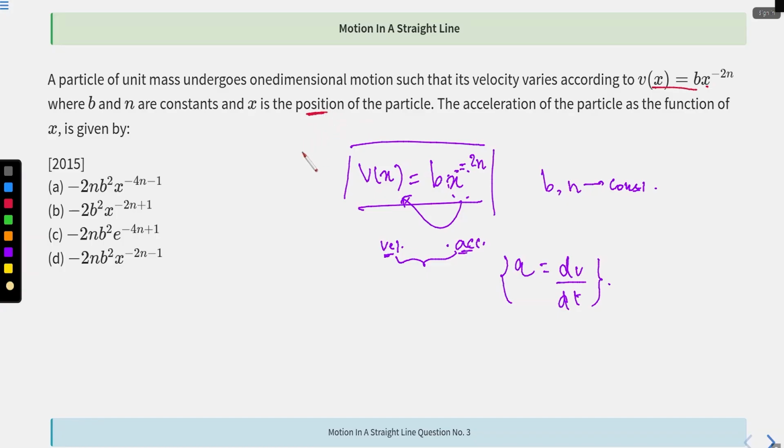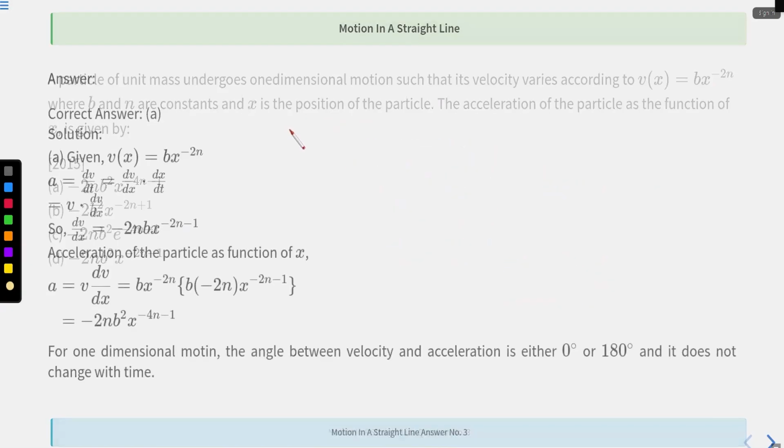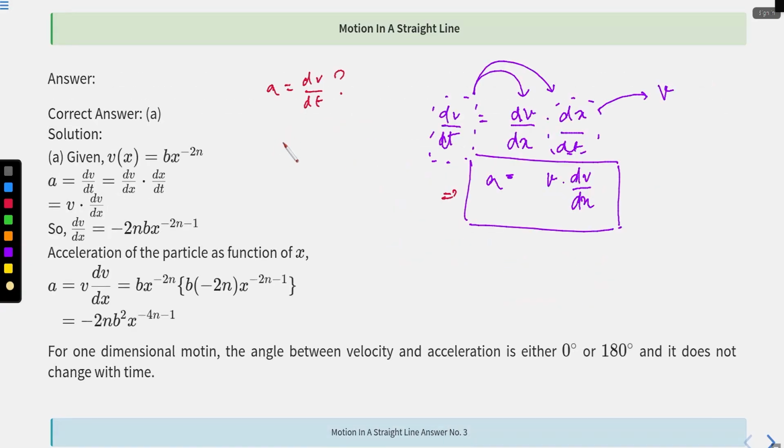If it would have been in time, then we just need to directly compute the differentiation of this particular equation. But it is not that straight. What we have to do is compute acceleration in terms of position. For that, we computed an extra differential equation over here. All right, cool.